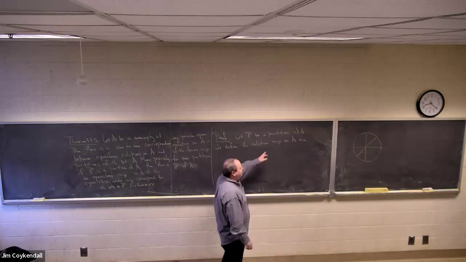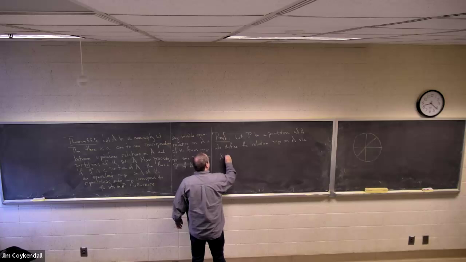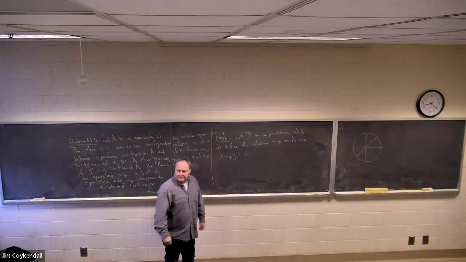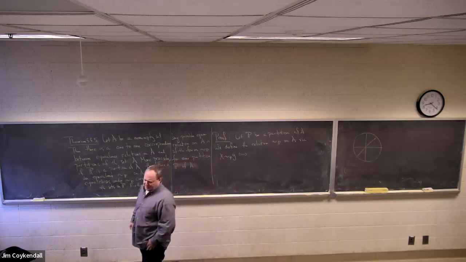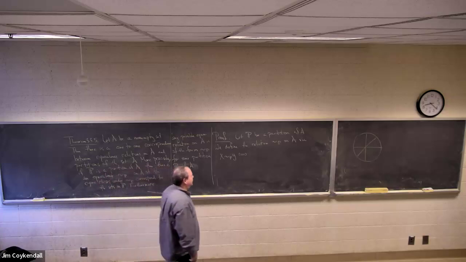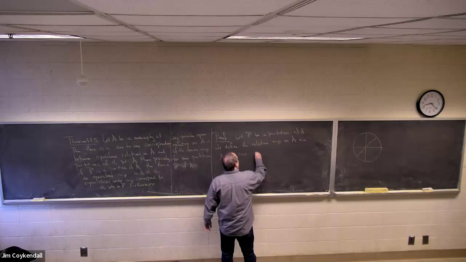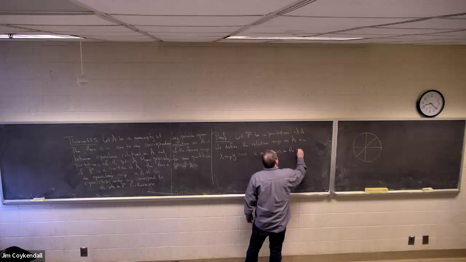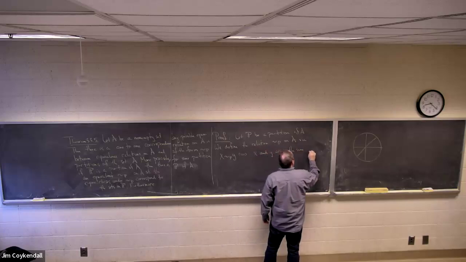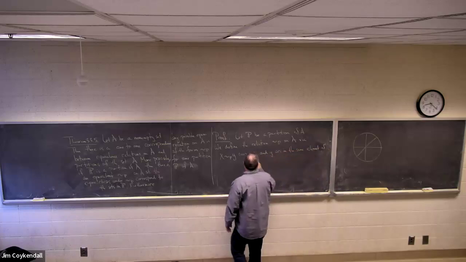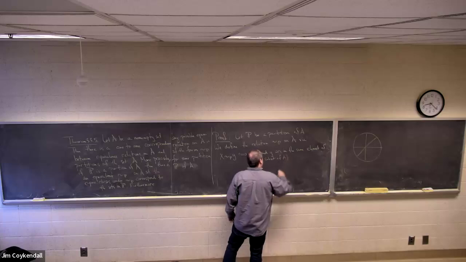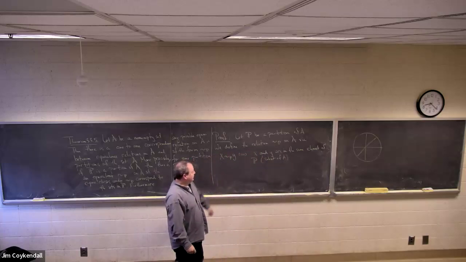I'm going to define a relation on A: I'm going to say that X is related to Y if and only if... anybody want to guess? If and only if X and Y are in the same element of partition B, a subset of that, because remember, the elements of the partition are these subsets.